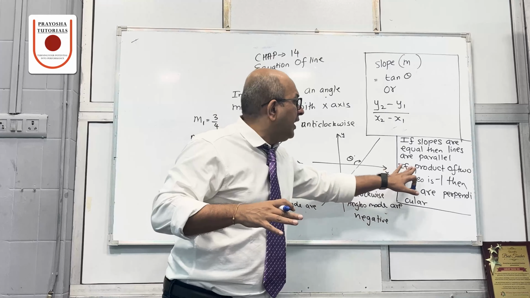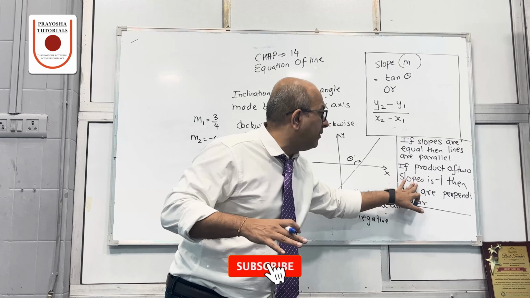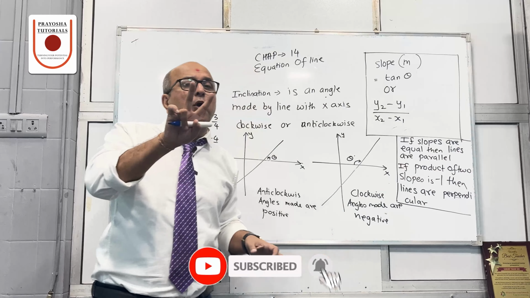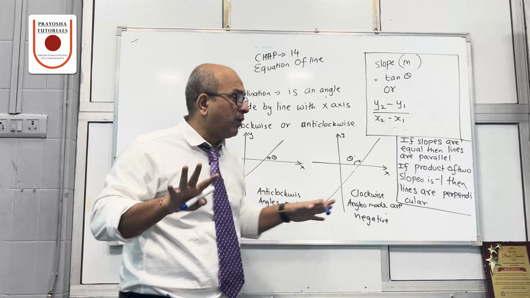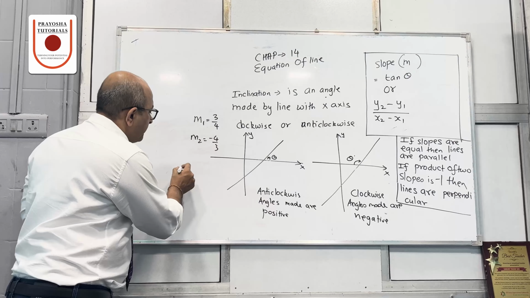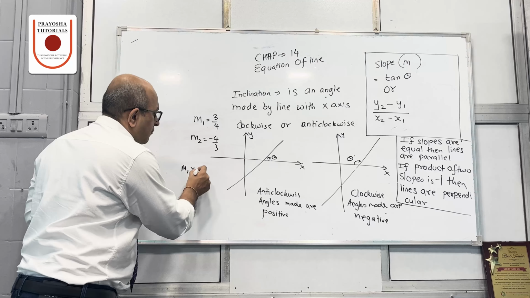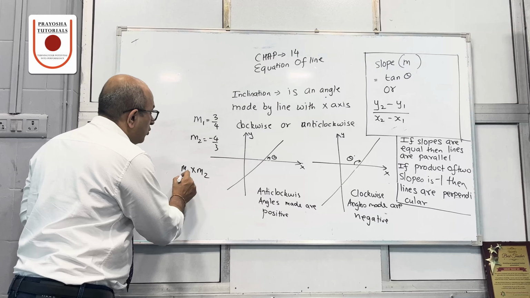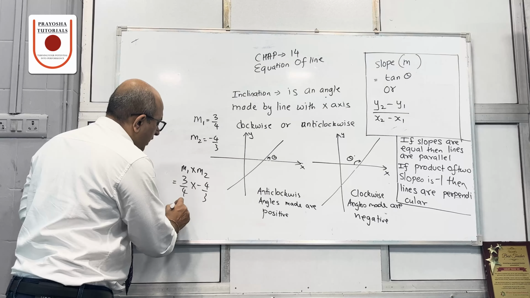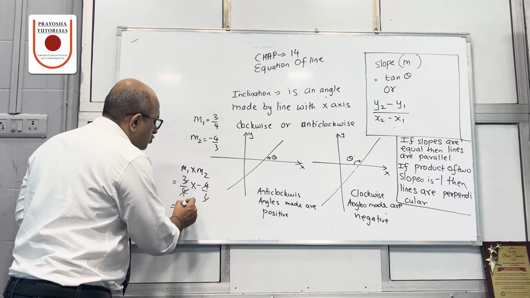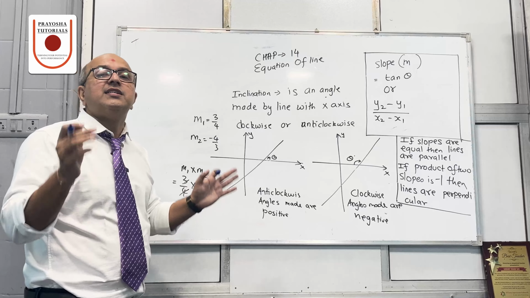The second property is that if the product of two slopes is minus 1. You can see here M1 into M2 is equal to 3 upon 4 into minus 4 upon 3. When you reduce this, students, you get minus 1.